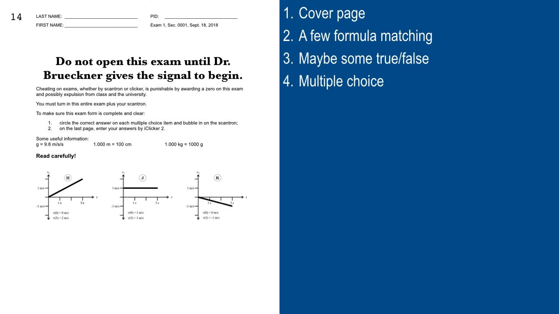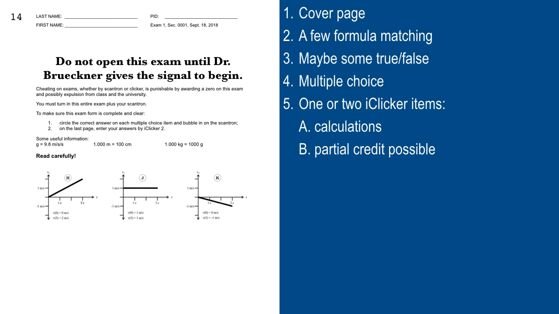And usually my exams are pretty well turned out that way. One or two iClicker items, which will usually be calculations. Sometimes I put multiple choice in the clicker items. And if they are calculations, there'll be 2 or 3 points, maybe even 4 points, depending on how deluxe the calculation is.